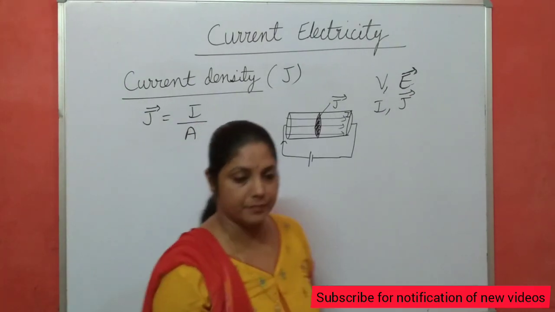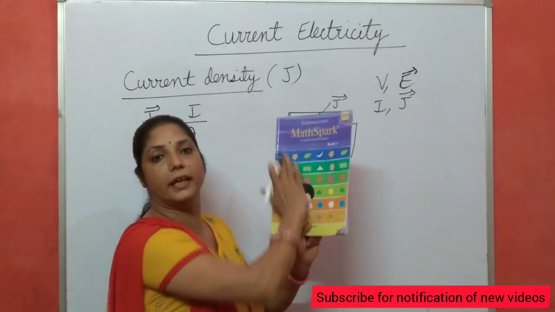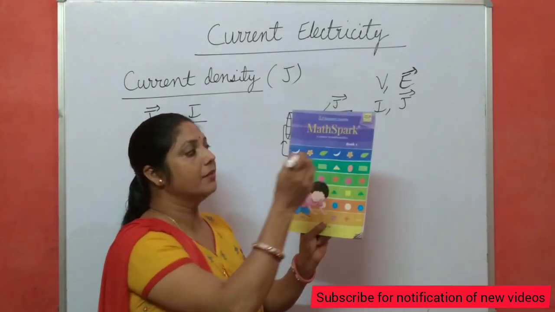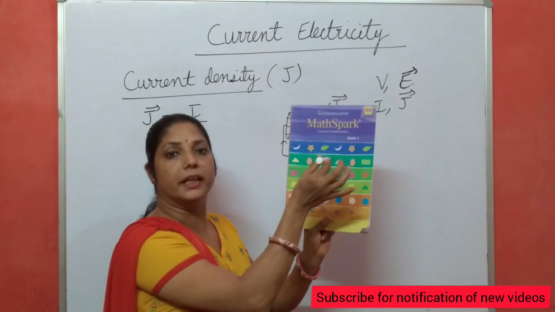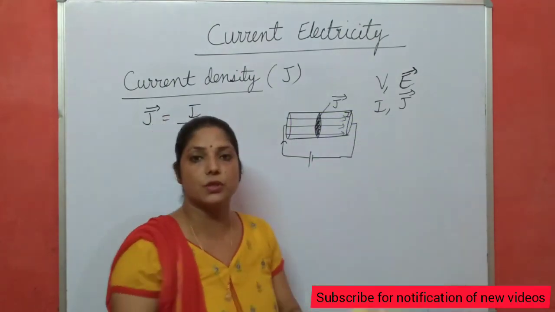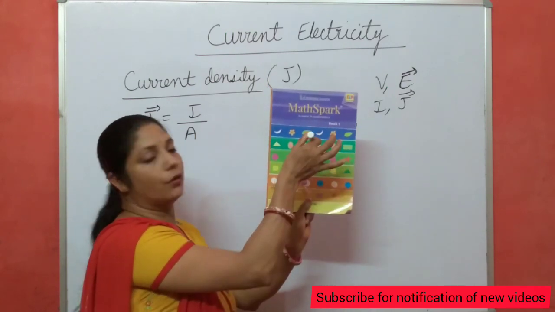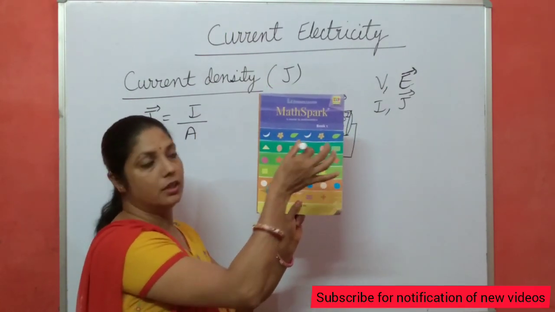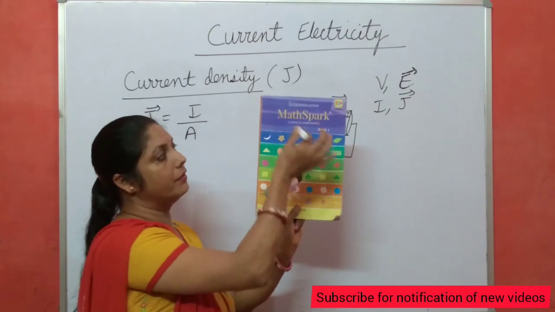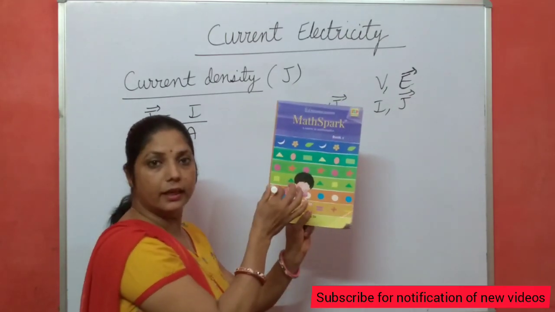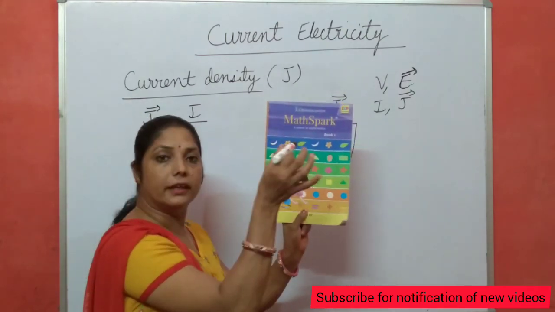You can say area is normal to the current flow, or you can use area vector also. What is area vector? Suppose this is area, and area vector is always normal to the area. So in terms of area vector, this area vector and current flow are always in the same direction. So current flow is always perpendicular to the area and along the area vector.